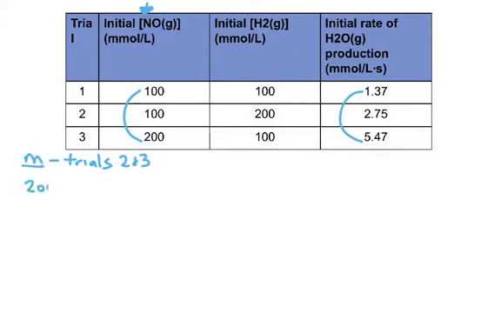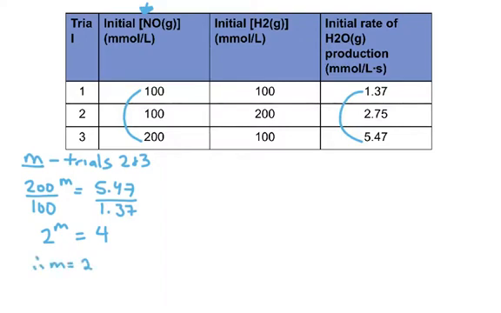So 200 over 100 raised to the m is going to be equal to 5.47 divided by 1.37. One thing I should mention as we do this, we're always going to want whole numbers here, so just round up if you're not quite on the dot. All right, so 2 raised to m gives us 4, therefore m is equal to 2.